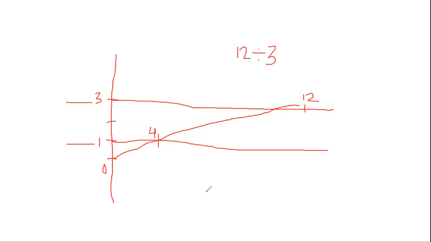Frankly, I don't know any other way of making sense of multiplication and division with rational numbers. When you have to multiply a number by, say, negative 3/4, what does that really mean?